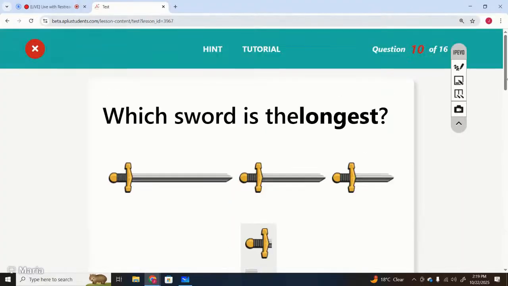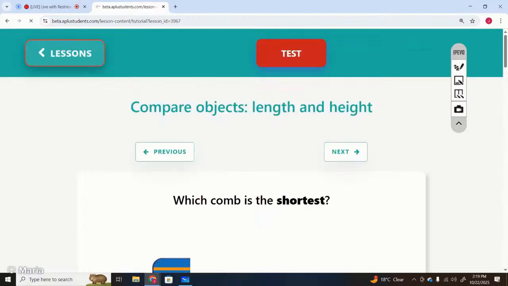The longest one we need to find. Okay, you can complete the lesson by yourself later today. Let me just move on to the next lesson.